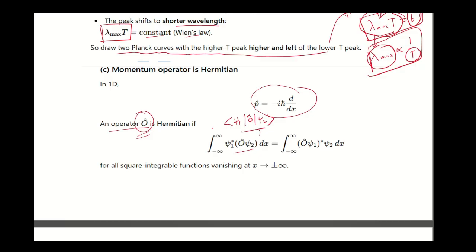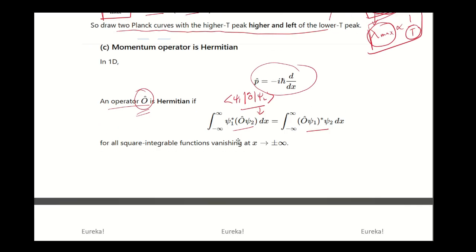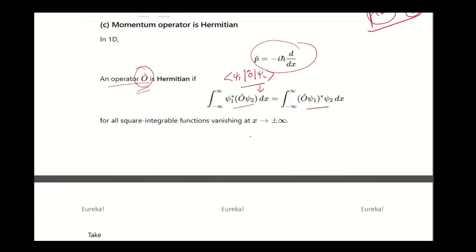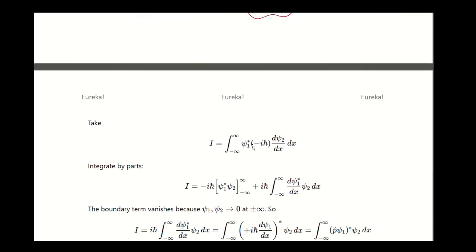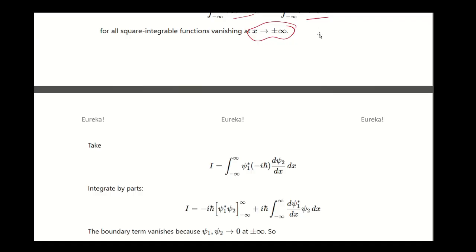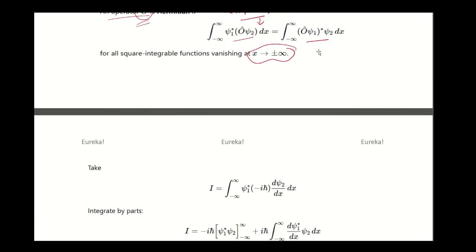For a square integrable function, it vanishes for x tends to plus minus infinity. Here we substitute the value of O cap, which is nothing but the momentum operator. So instead of O cap we put P cap, and P cap is nothing but minus iota h cross del x.